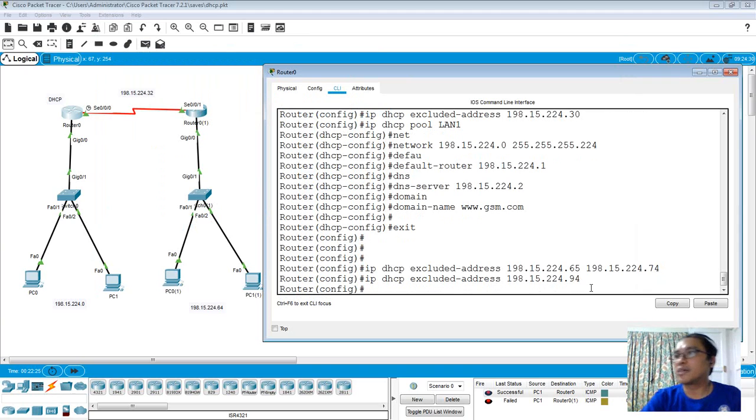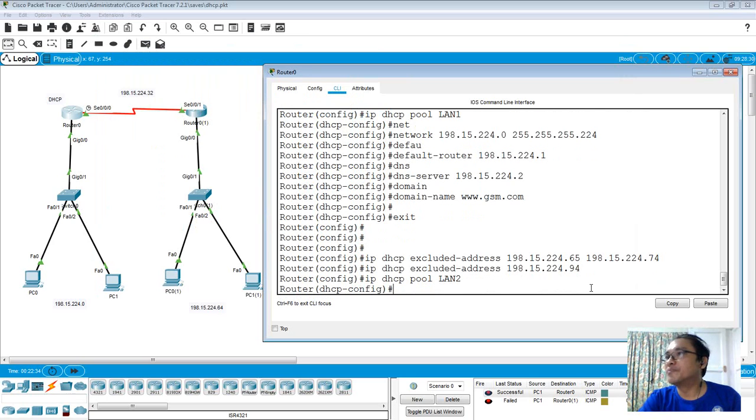So the next command is ip dhcp pool LAN2, right? Then we have to identify the network that we are going to use for LAN2. That would be the 64 network.